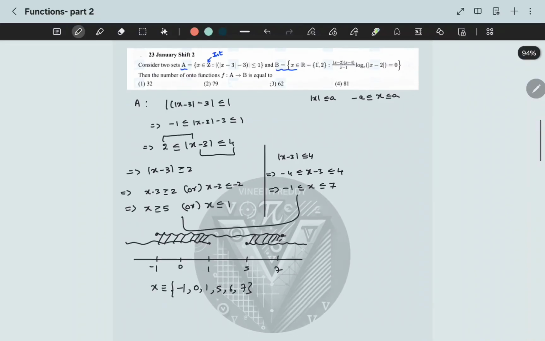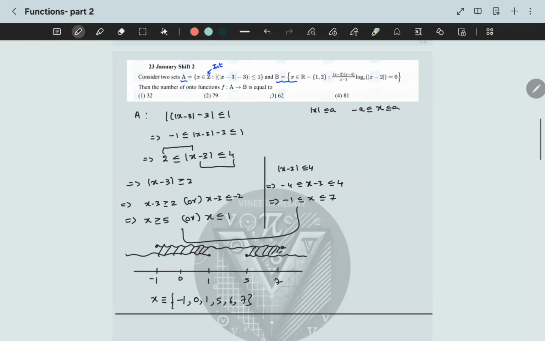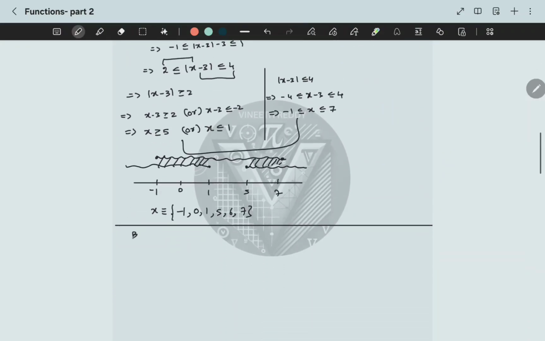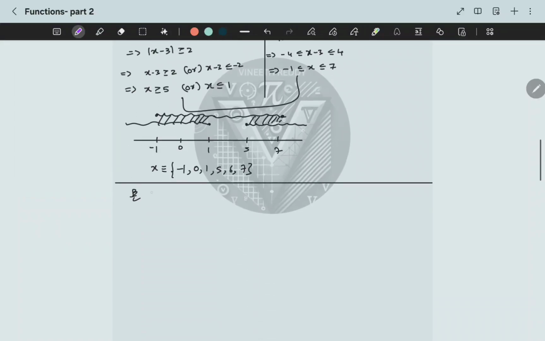So set B, x belongs to all real numbers except 1 comma 2, such that log mod of (x minus 2)(x minus 4) divided by (x minus 1). So let us try writing that here. For set B, we can write (x minus 2)(x minus 4) divided by x minus 1.